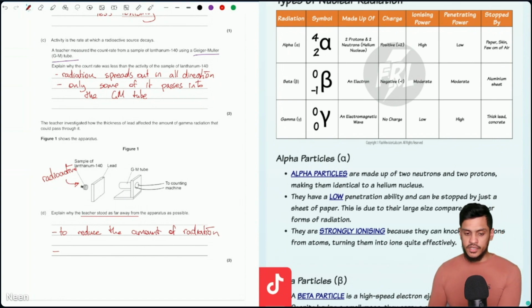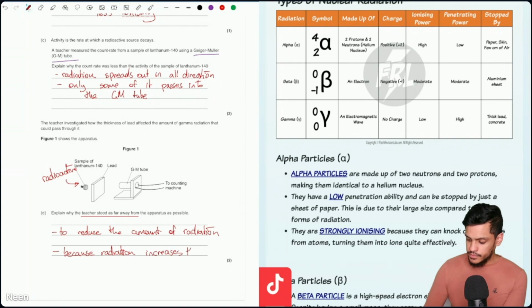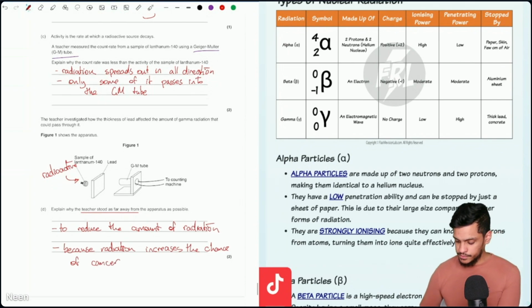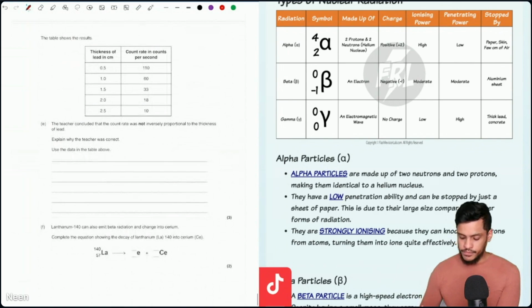It increases the chance of you getting cancer or getting mutation. Because radiation increases the chance of cancer. Okay, good.